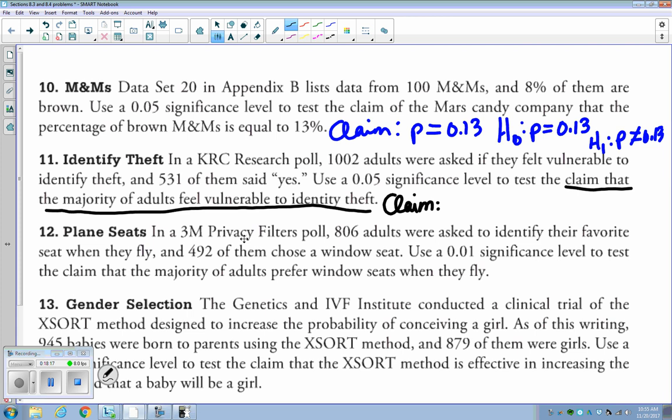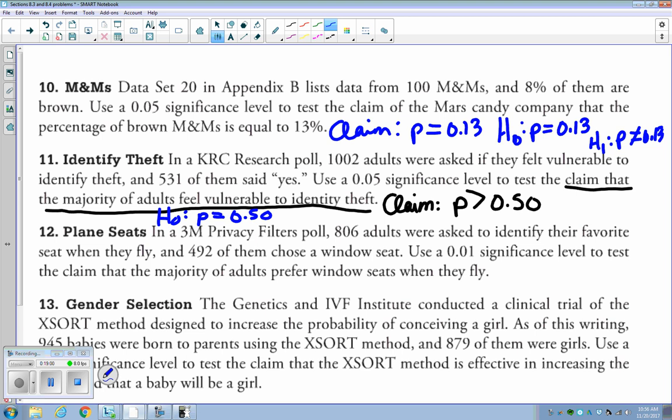So our claim is that the proportion is what? Greater than 0.50. That's my claim. From my claim, we already know what our null hypothesis has to be. It can only have equals, right? That's the only thing a null hypothesis can have. So the null hypothesis is going to be that p is equal to 0.50.